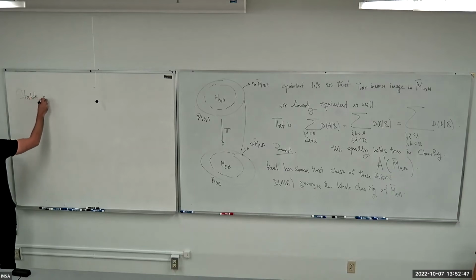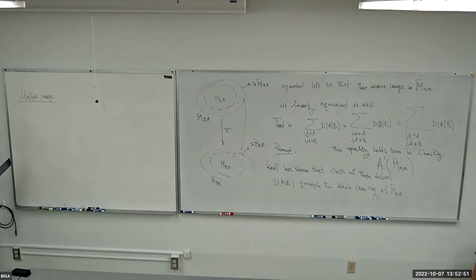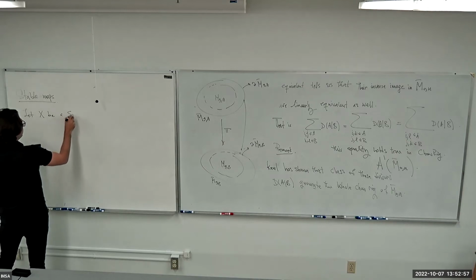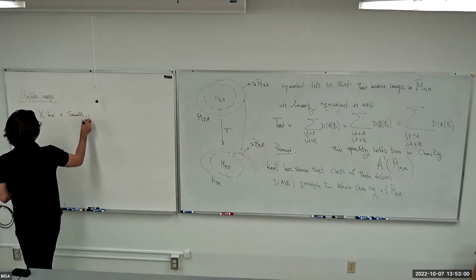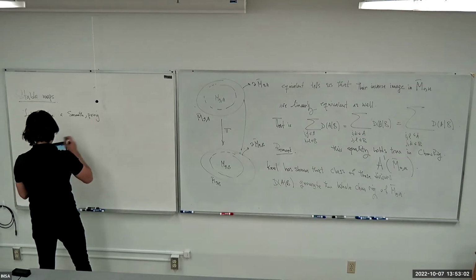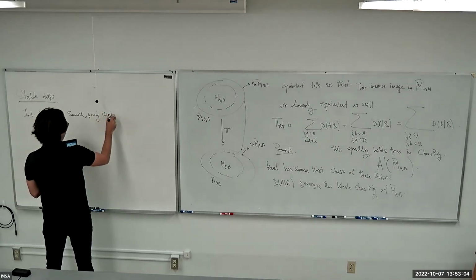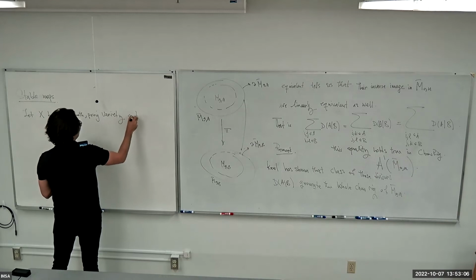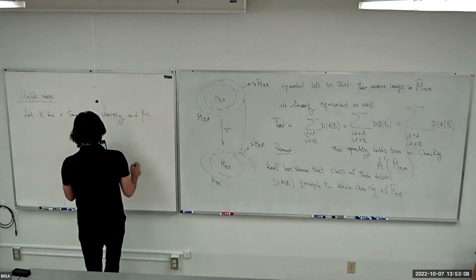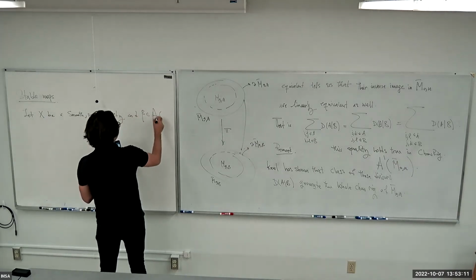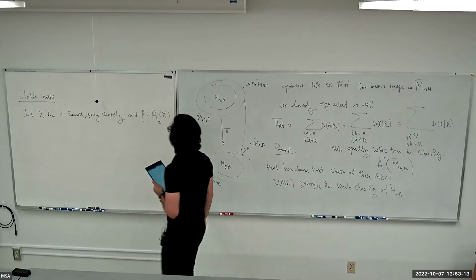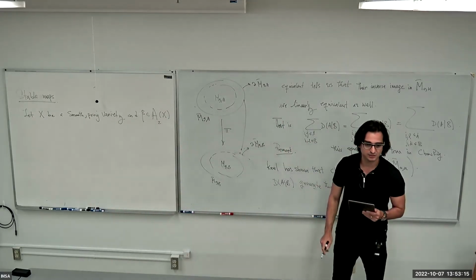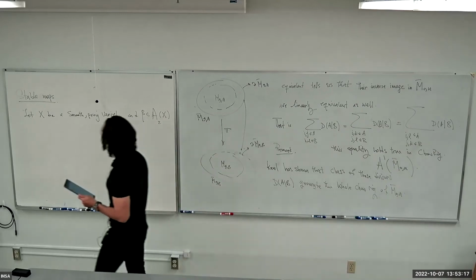Stable maps. Okay, let X be a smooth projective variety, and let beta in degree 2 Chow homology of X be given as a homology class.